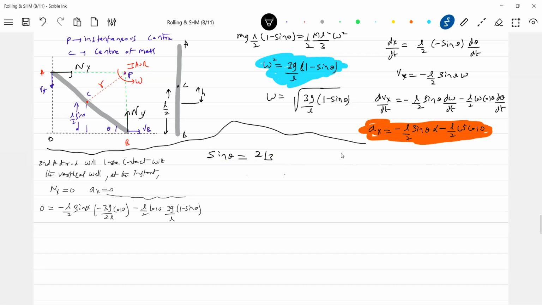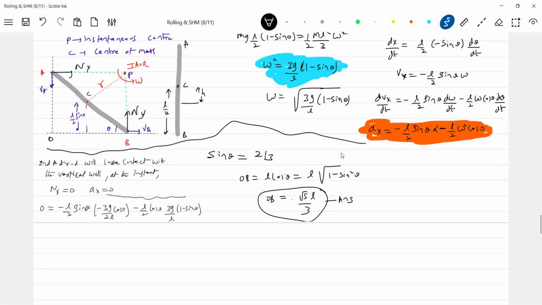So the distance OB should be equal to L cos theta, which is L times root of 1 minus sin square theta. So root 5 L by 3. This is what he's asking, the answer.